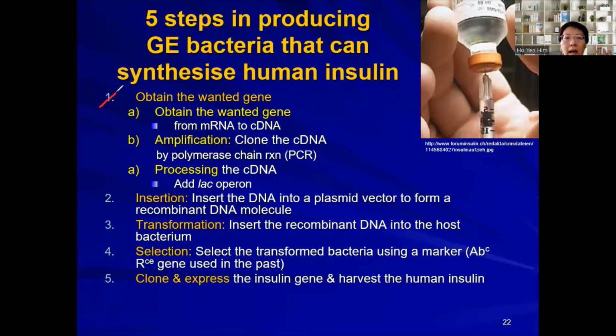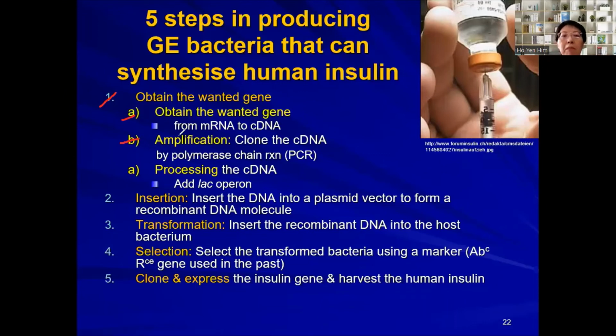So first we obtain the wanted gene. Now the wanted gene is obtained by this process from mRNA to cDNA. After we obtain the wanted gene, the quantity of this DNA is very little. So if you want to insert this DNA into many bacteria, you have to first multiply this DNA, so there's another step that we need to do.